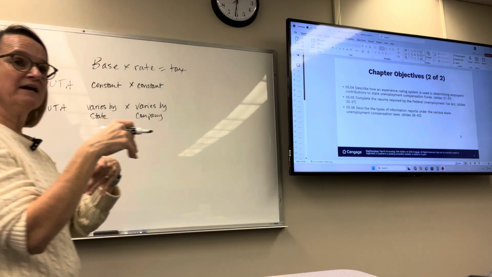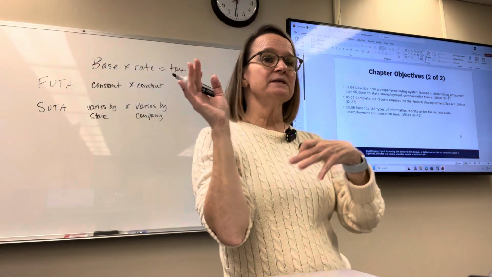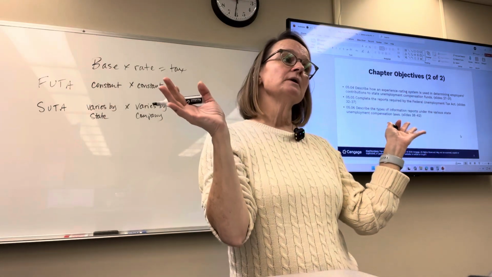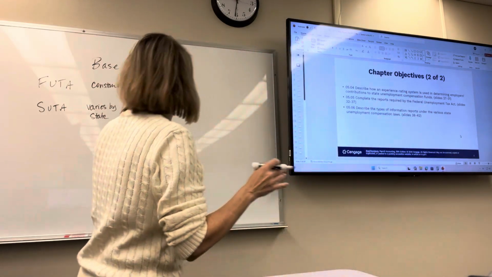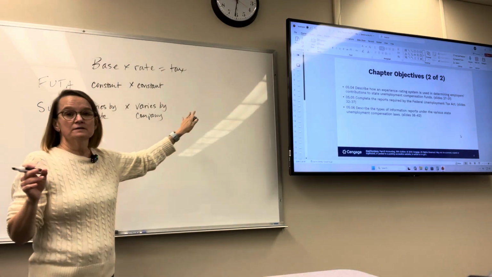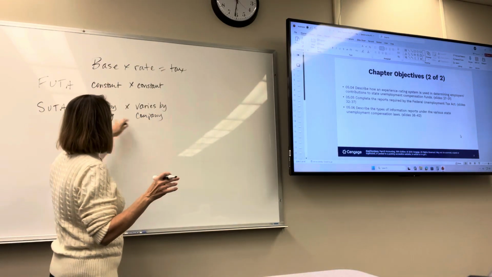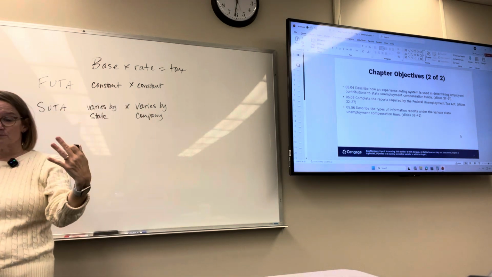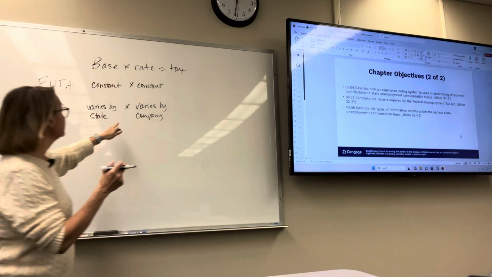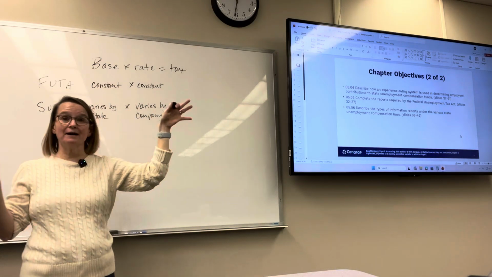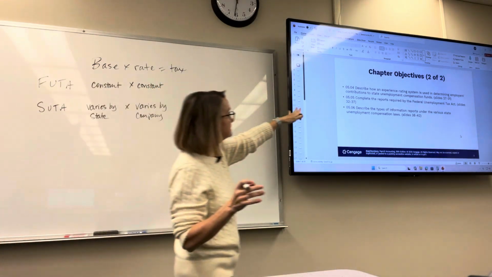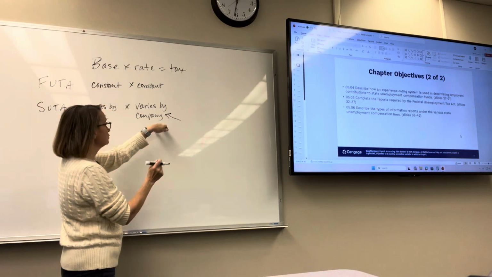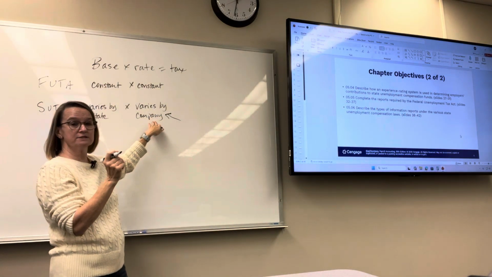CPA firm 1 and CPA firm 2, even though they're both CPA firms, may have different tax rates. So it gets a little bit more complex because we have to look at things on a state-by-state basis for SUTA tax purposes, and we have to look at things on a company-by-company basis. This experience rating system is what is used to determine what this rate is by company.